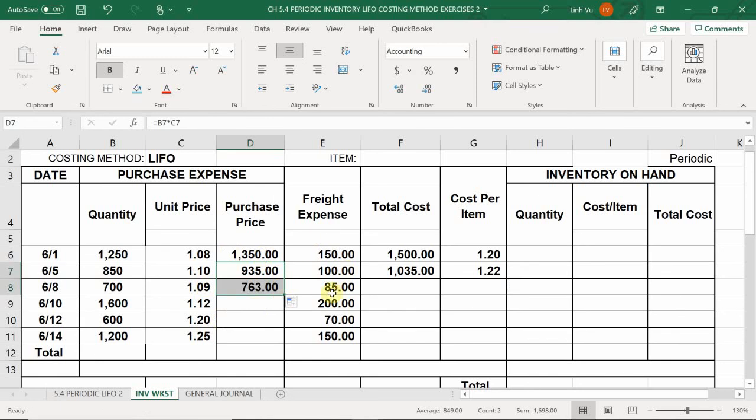Plus $85 gives me a total cost of $848. Then what is my cost per item going to be? Would this one be 1.21? Yes, 1.21.